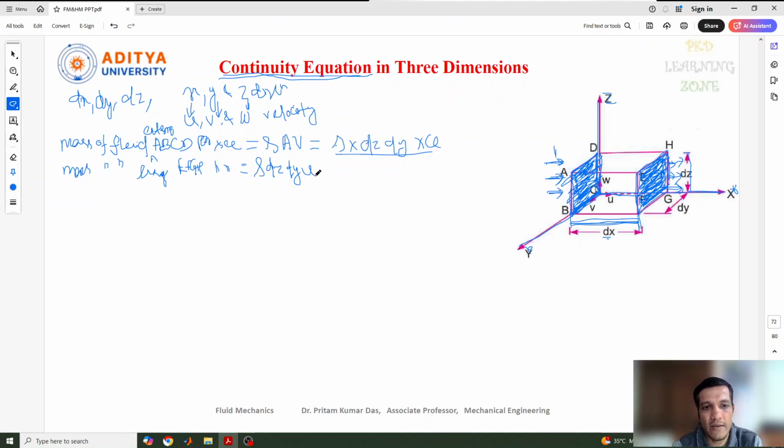Now similarly, along with this we can write plus the derivative, or you can say del, of the same thing that entered there. So we can write rho u dz dy with respect to dx along the length of dx.